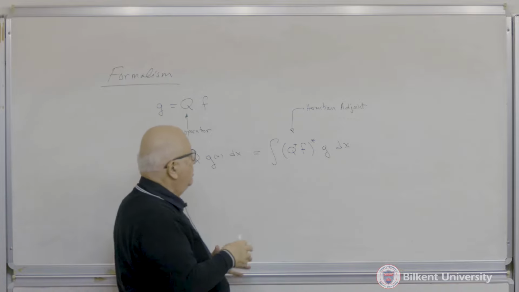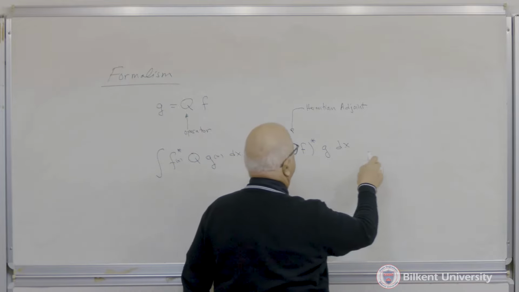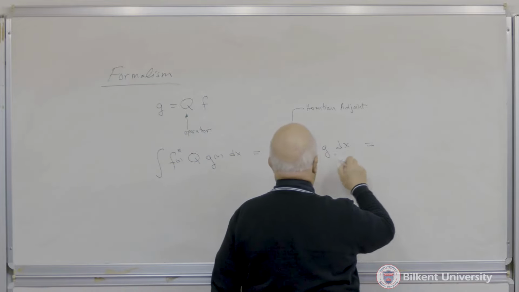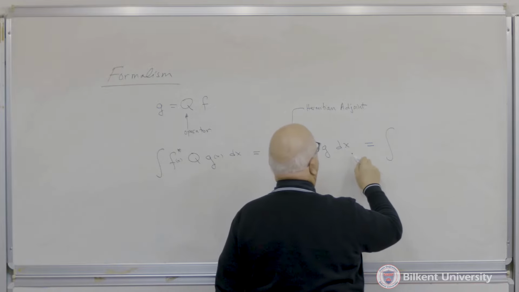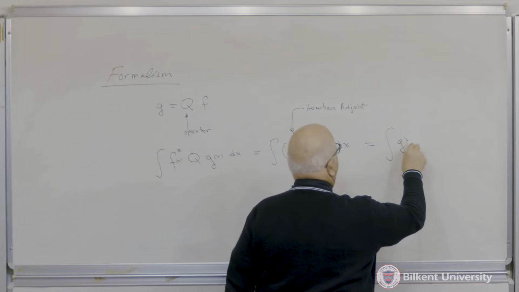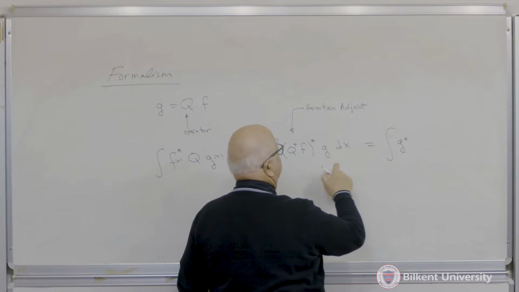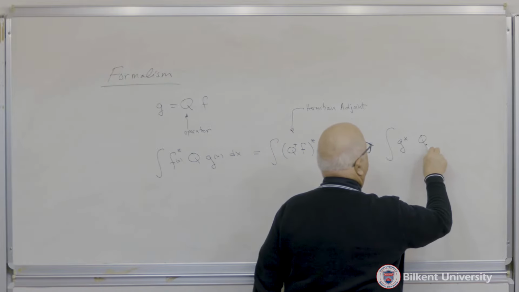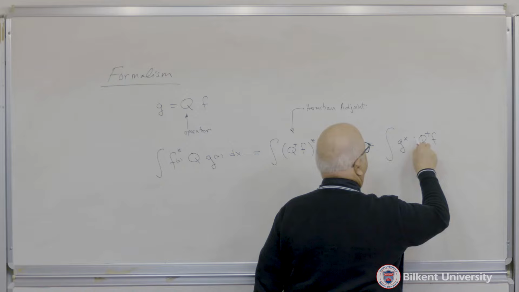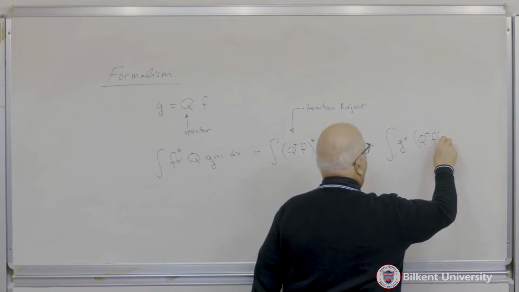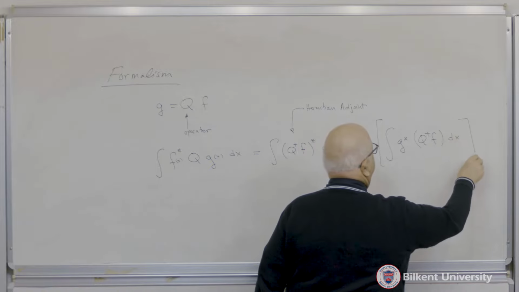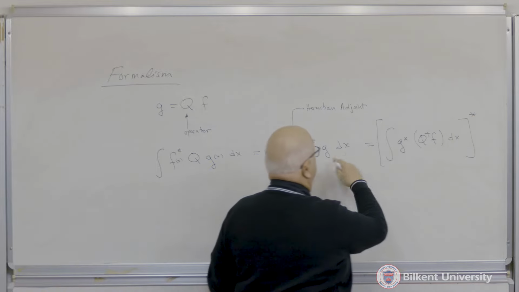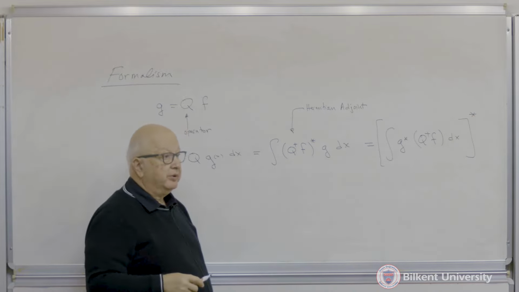Now, sometimes the right-hand side is written as the complex conjugate of this quantity, so it's going to be g star Q dagger f, dx, the whole thing complex conjugate, obviously. The two are equal to one another.